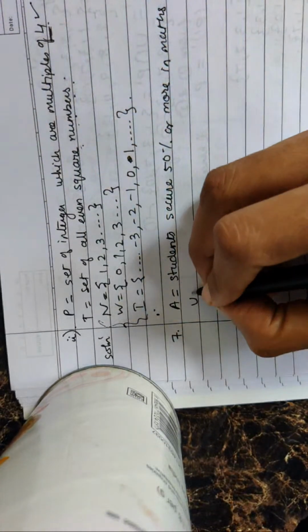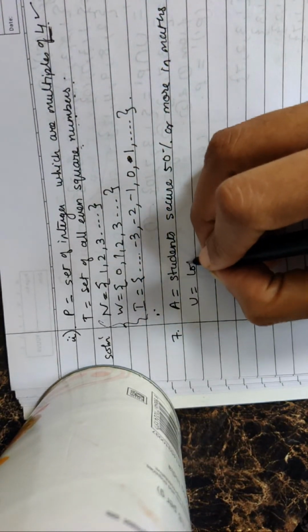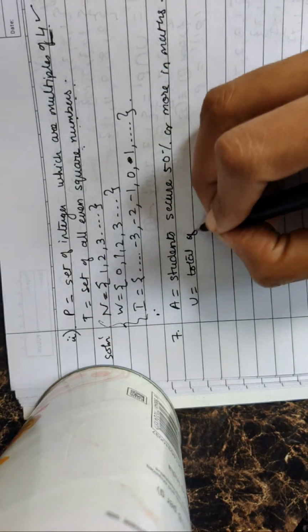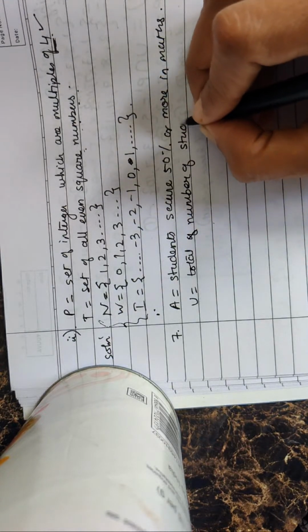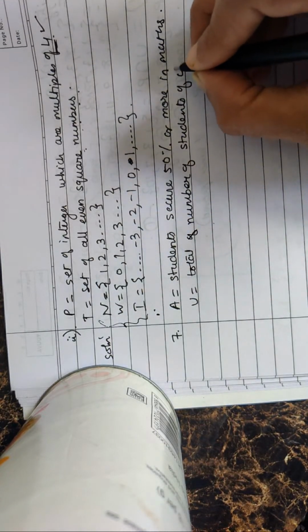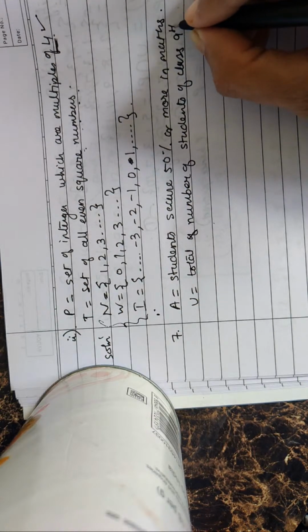Then write complement of A. Universal set है total number of students of your class. Let us say 9 class. ठीक है, fine.